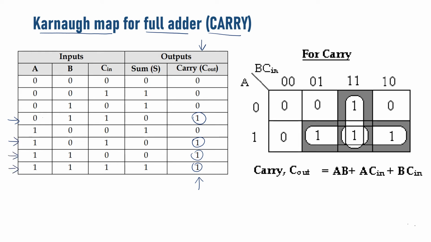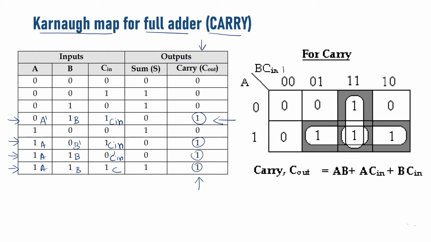Here we are getting A dash B C in, and in this place we are getting A B dash C in, and here A B C in dash, and here A B C. First we find this place, where it is A dash B C in.